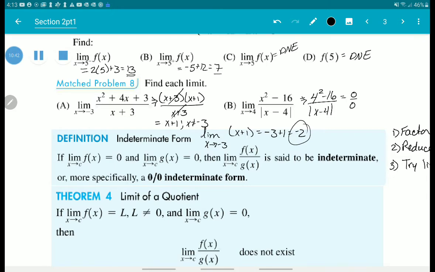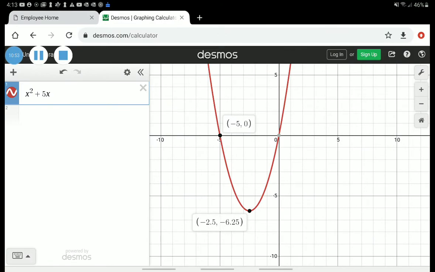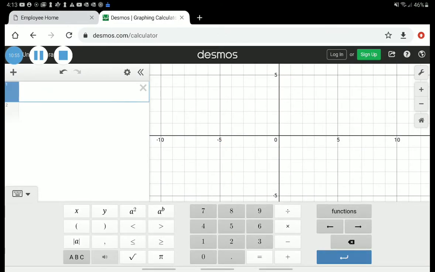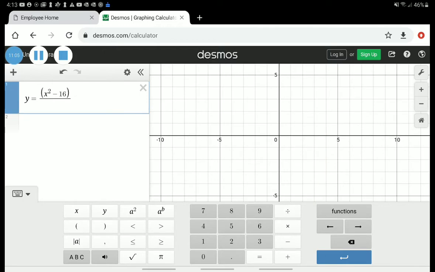Now, this means that this does reduce, but because we have that absolute value, I'm going to resort to looking at the graph for this function. So I'm going to use Desmos. So we have x squared minus 16 divided by the absolute value of x minus 4.